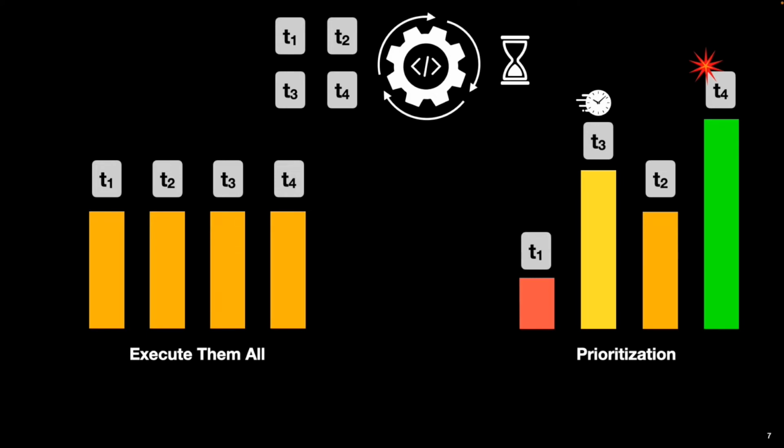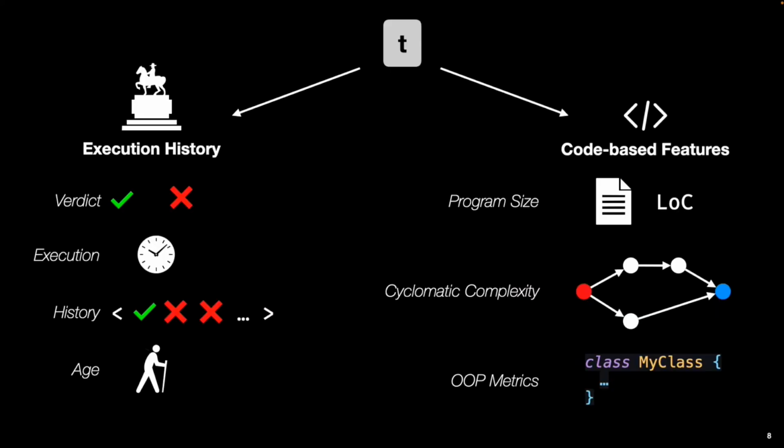The other approach is to devise a way to prioritize the tests based, for example, on the capability of each test to catch a bug, or based on how fast the test case execution is. But how do we do that?